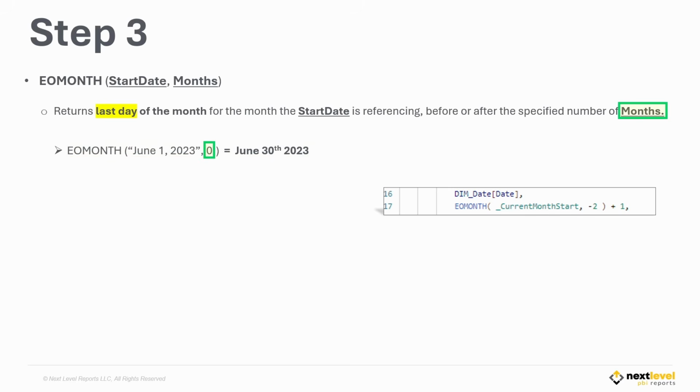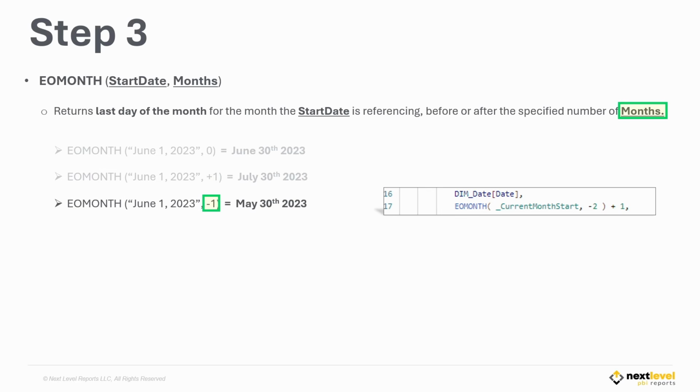Now, the second part of the function allows us to add or subtract months. Here we have a 0. So we're choosing to stick with the end of month that we have here related to the start date. We're not making any changes to it. If we did decide to add a month, we can see now that we have the date of July 30th because we added a +1 within the second argument of the end of month function.